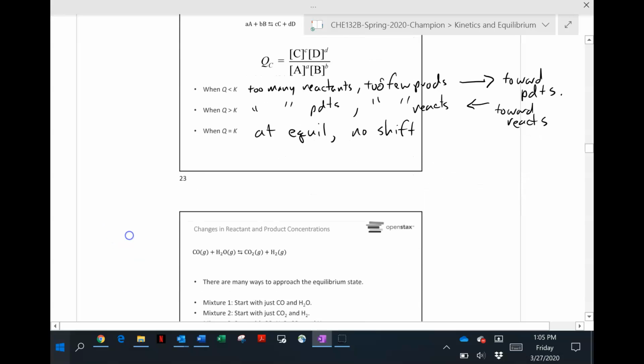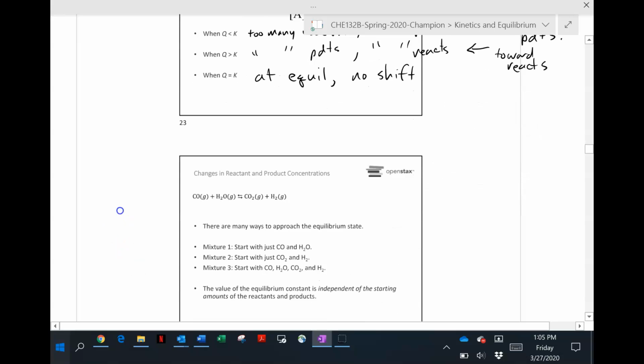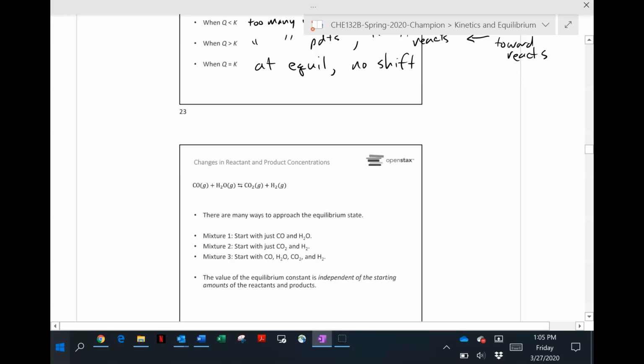Okay, so we're going to use Q. I call it a test statistic to determine which way you have to go to reach equilibrium. So they're talking about this equilibrium here. This happens to be called the water gas shift reaction. Reactions sometimes have names.